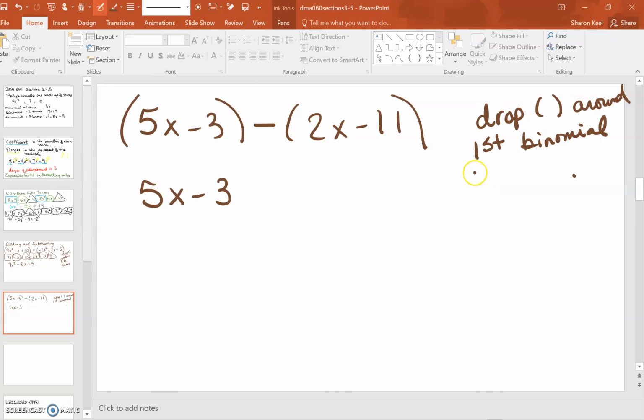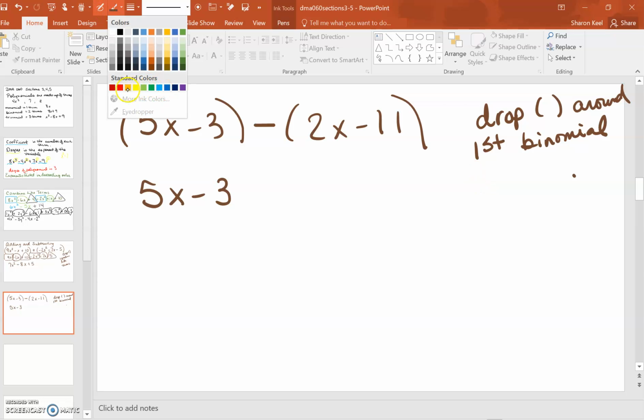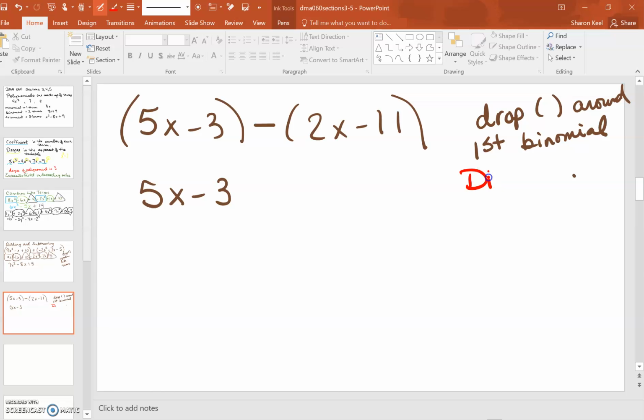Then what we're going to do, and let me change colors here, is we are going to distribute a -1 with the second parenthesis, the one that's after the minus.